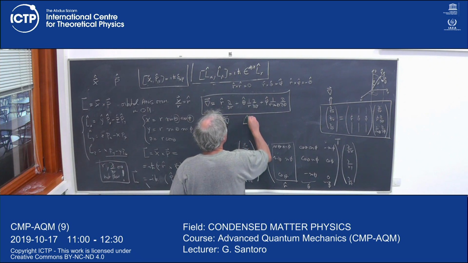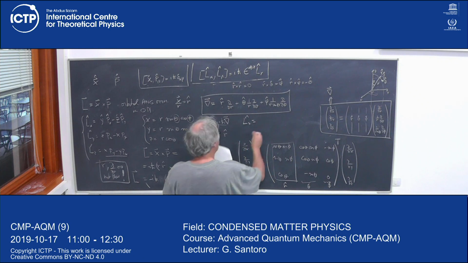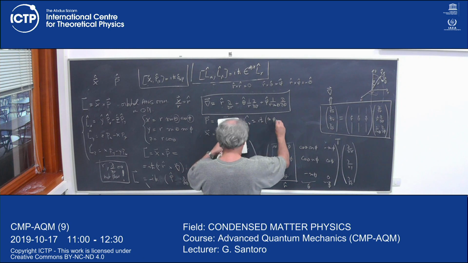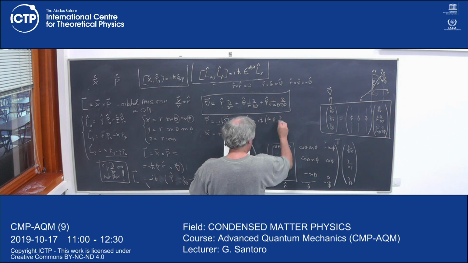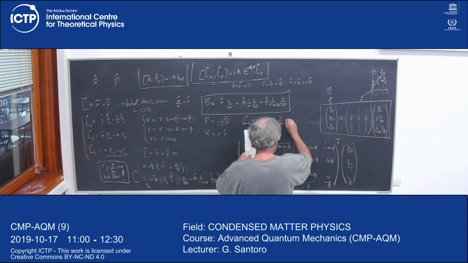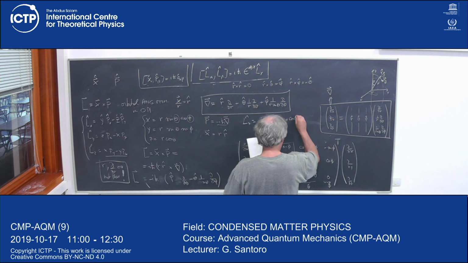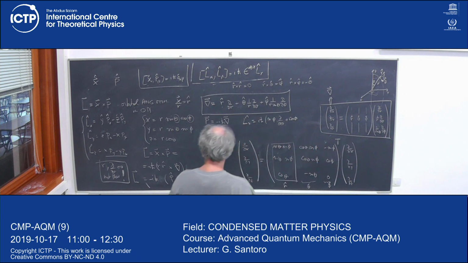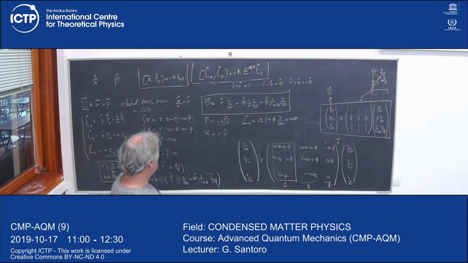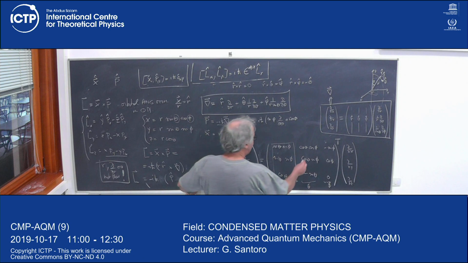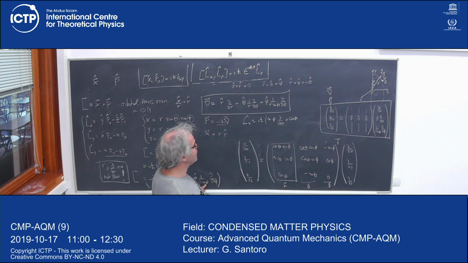Lx is equal to I h bar, the sine of phi, times the derivative with respect to theta, plus there is a cosine of phi, times look, there is the x component of theta has the cos theta, and then you divide by sine theta.